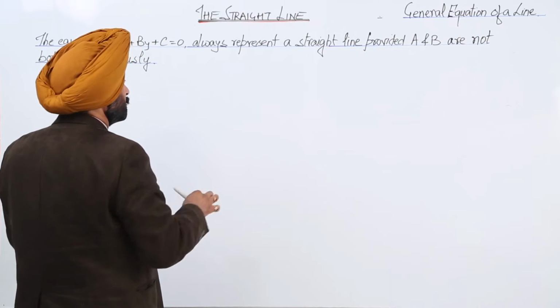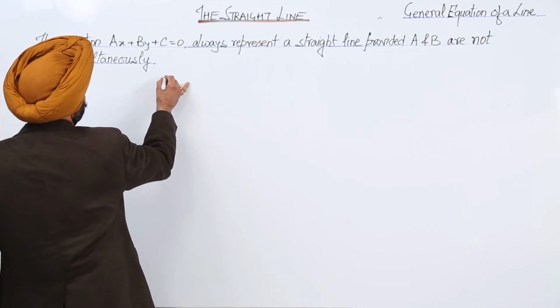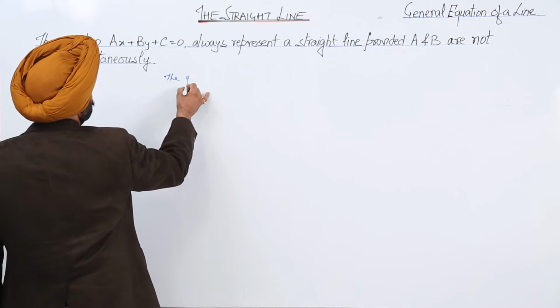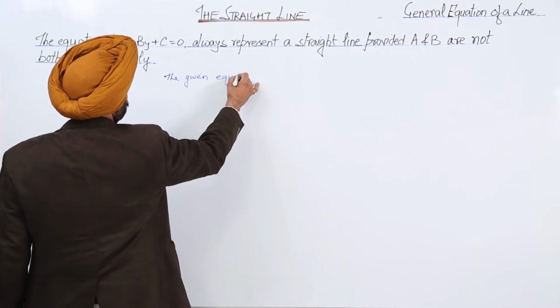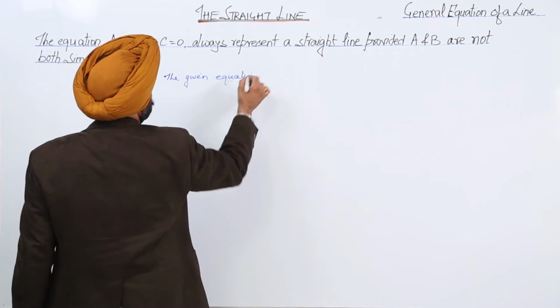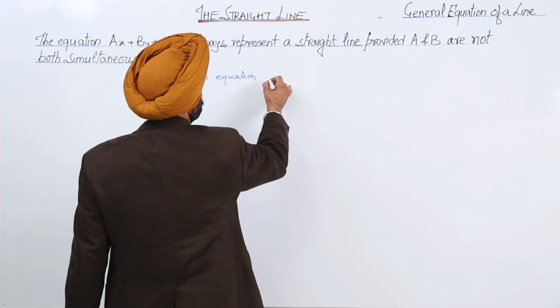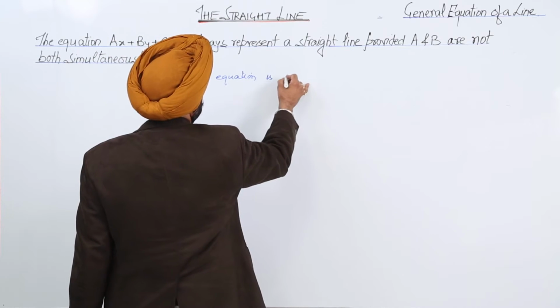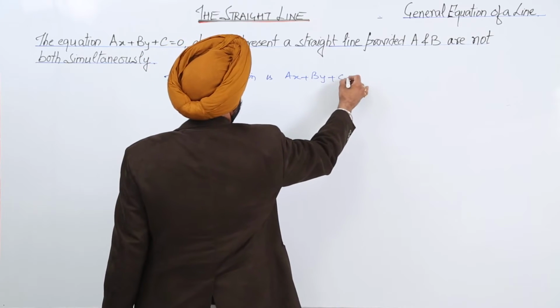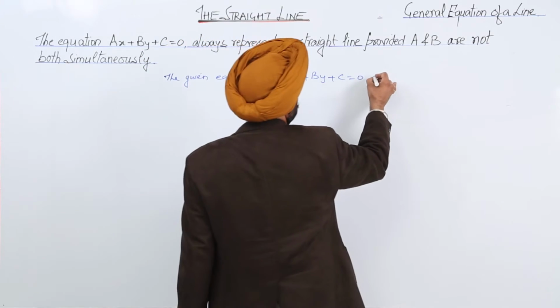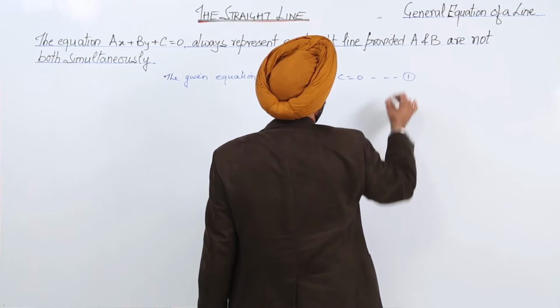Now the given equation is ax plus by plus c is equal to 0. Let it be equation 1.